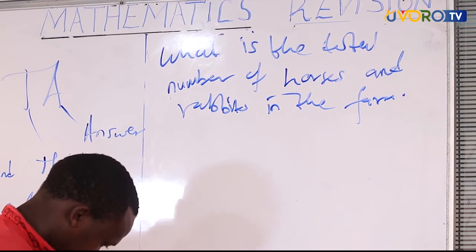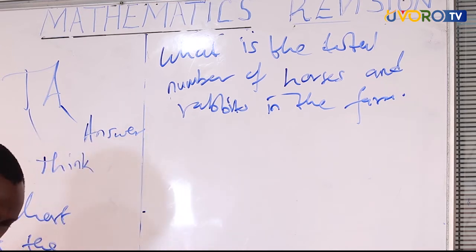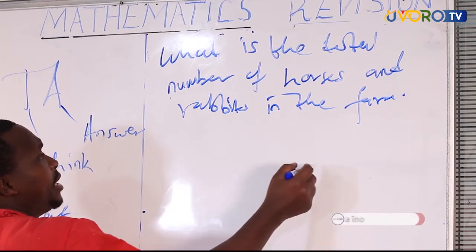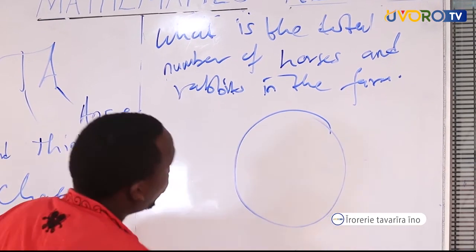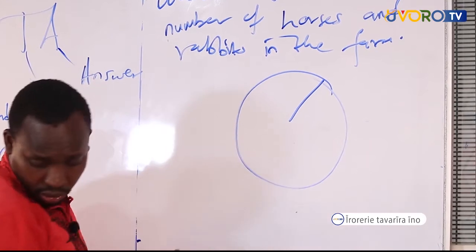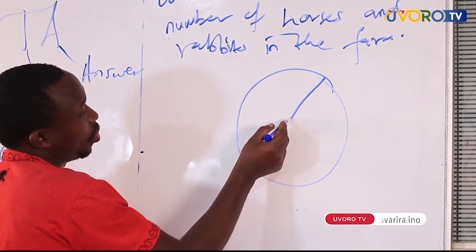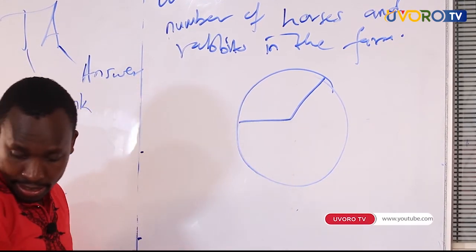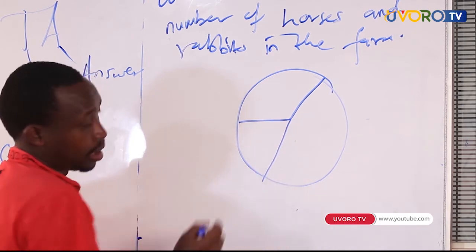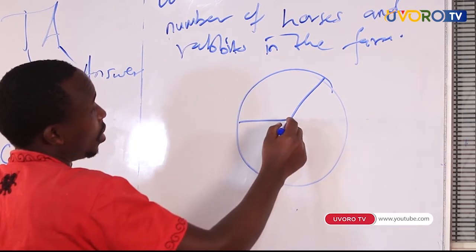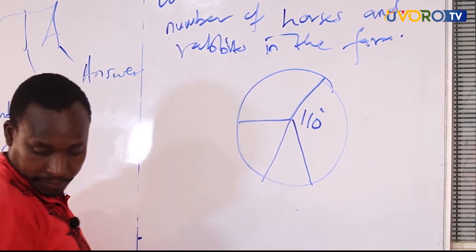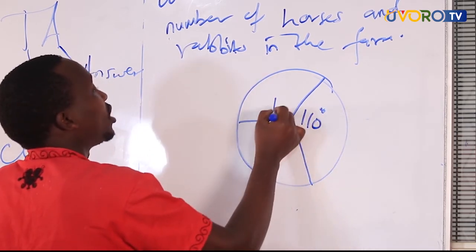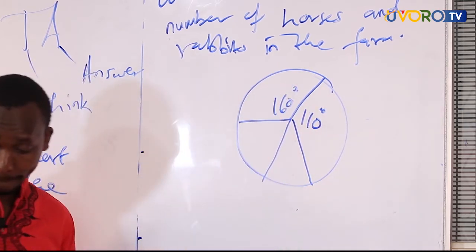Now, okay, you have the pie chart drawn here. It is circular in shape. It is also divided. This is 110 degrees. This is 160 degrees.